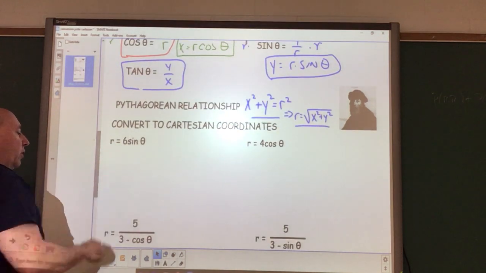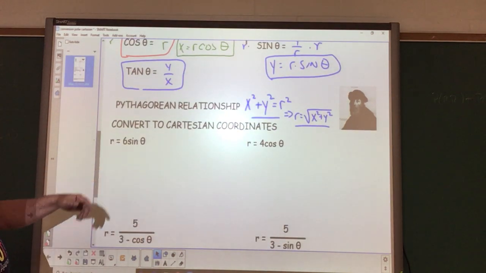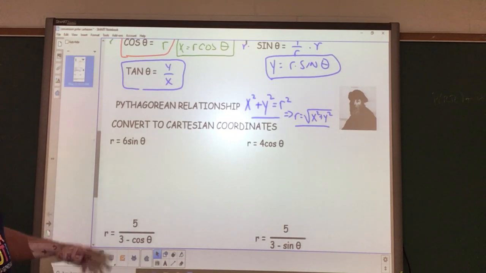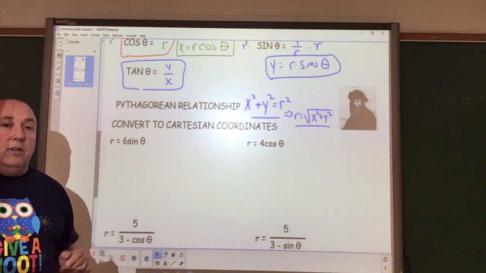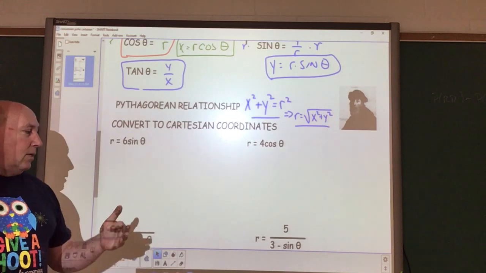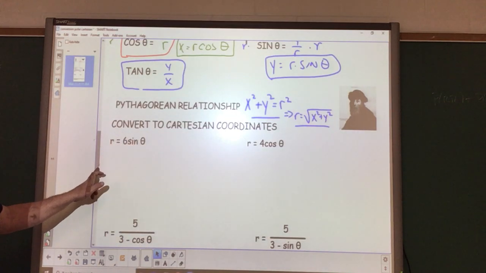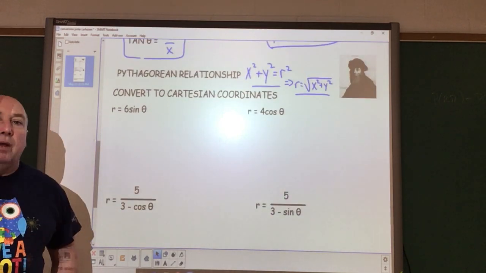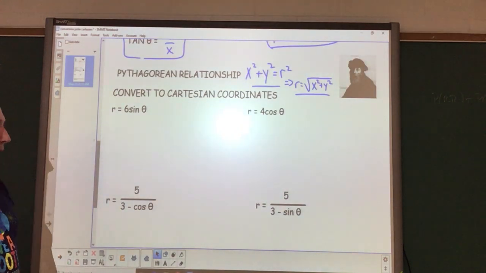Alright, what we're going to do is convert r equals 6 sine of theta into a Cartesian coordinate system. We are in r's and thetas, and we want to convert them back to x and y's.